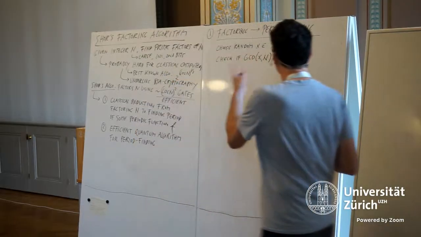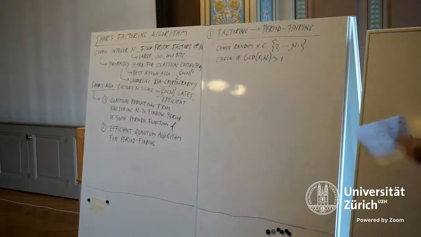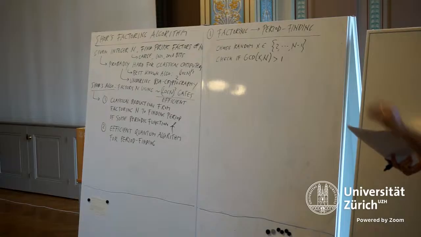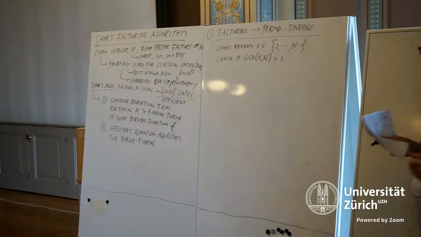So the greatest common divisor between two integers is just what the name says. It's the largest integer that divides both x and N. And this number is actually efficiently computable classically by something called Euclid's algorithm.